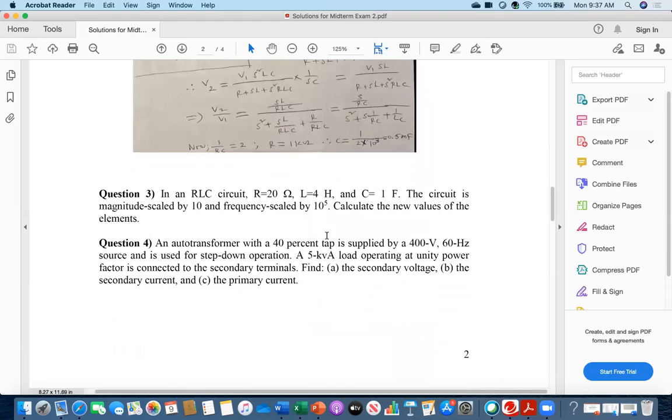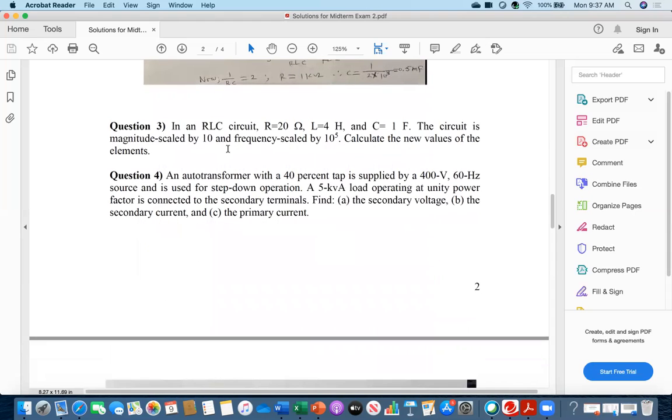Okay. So then question number 3. In an RLC circuit, R value is 20 ohm, L is 4 henry, and C is 1 farad. The circuit is magnitude scaled by 10 and frequency scaled by 10 to the power 5. Then calculate the new values of the elements.